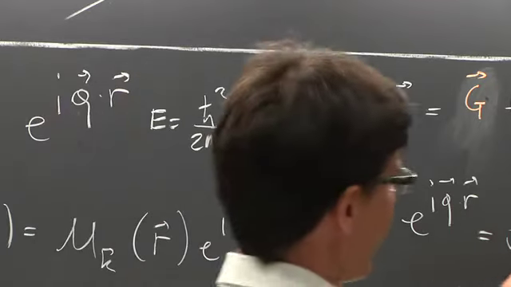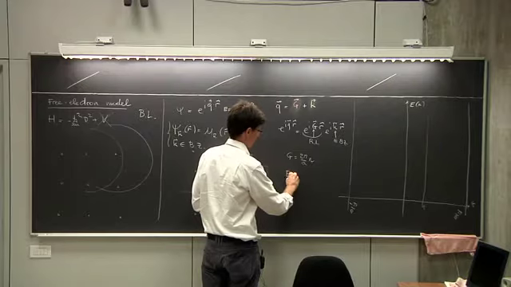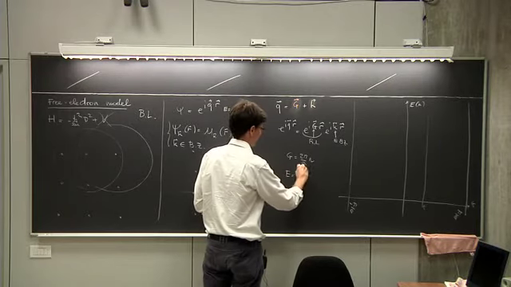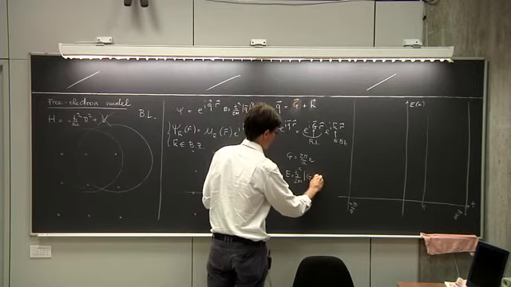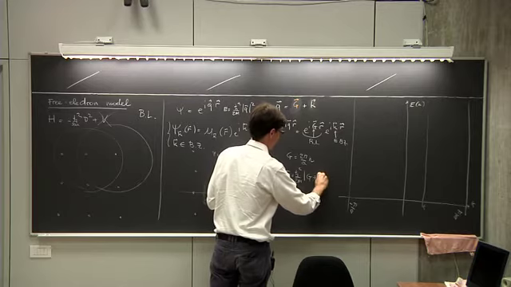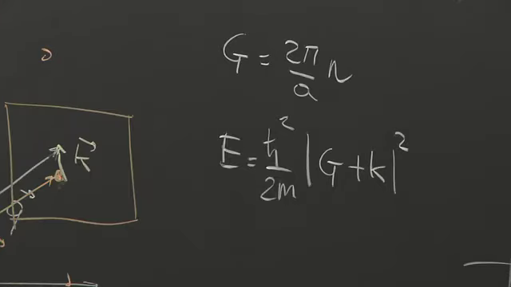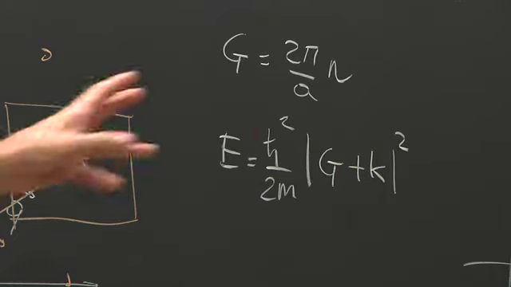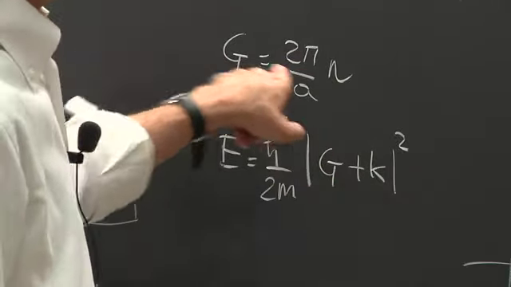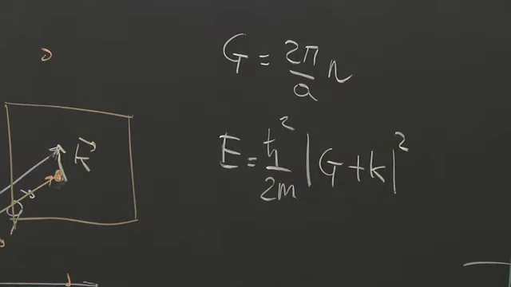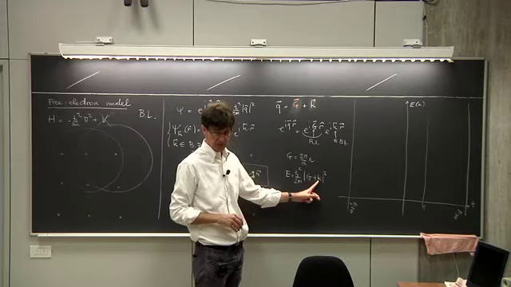Which means the energy, if I write it in this form, will be ħ²/2m (G + k)². I'm removing the vectors because we're in one dimension. And G can take these values, 2π/a n. And I fix k. So k is fixed.